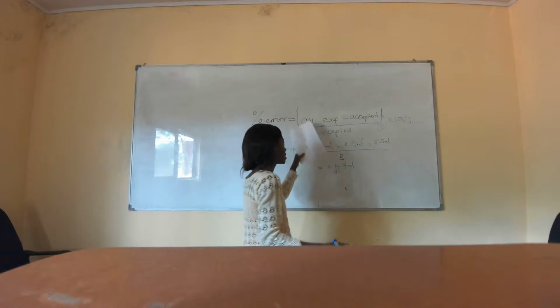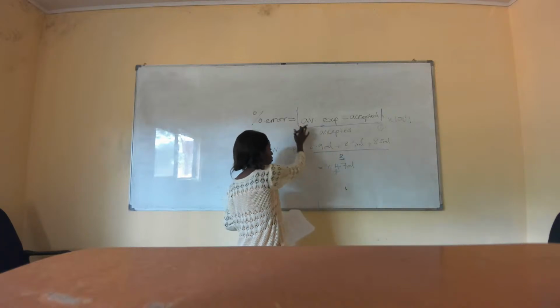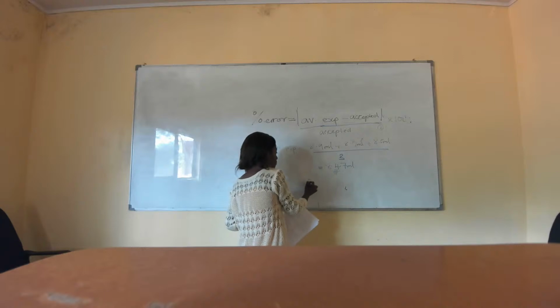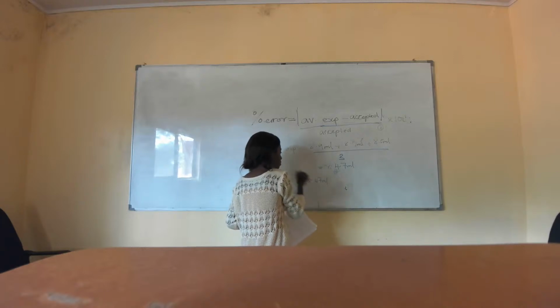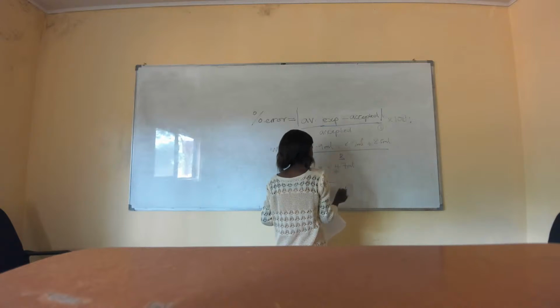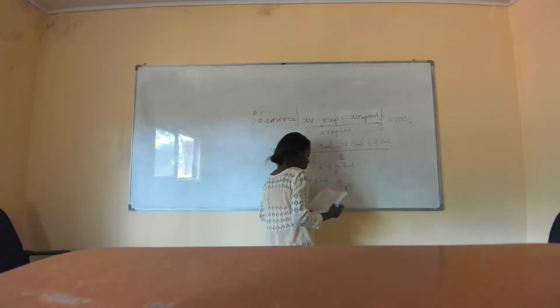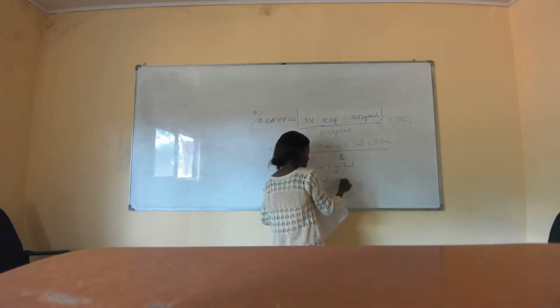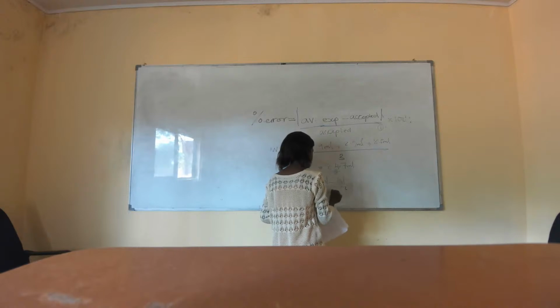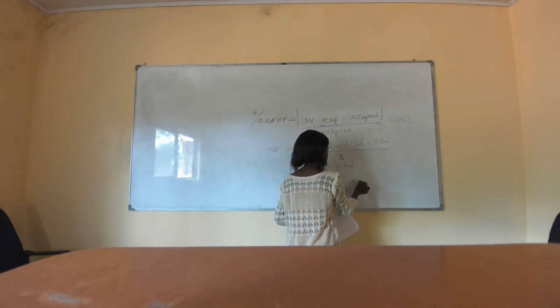Then from here, you simply substitute. We now put our 8.47 mils minus the accepted, which was 10, because the true value was 10, over 10 multiplied by 100%.